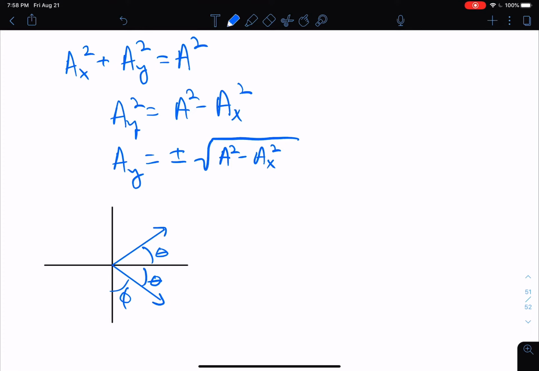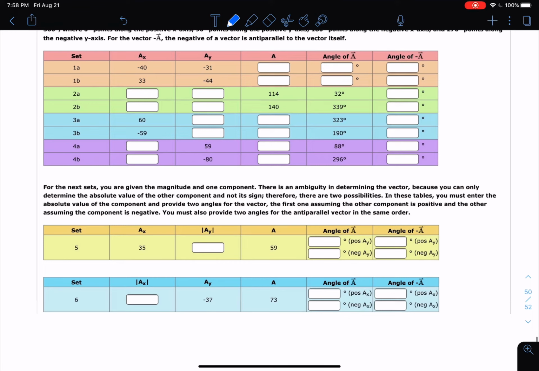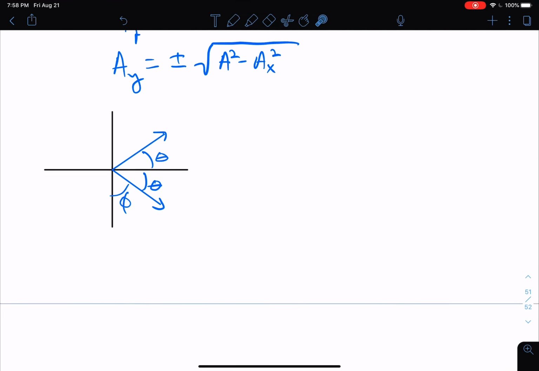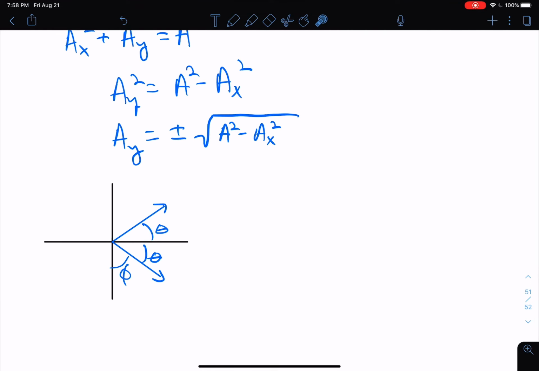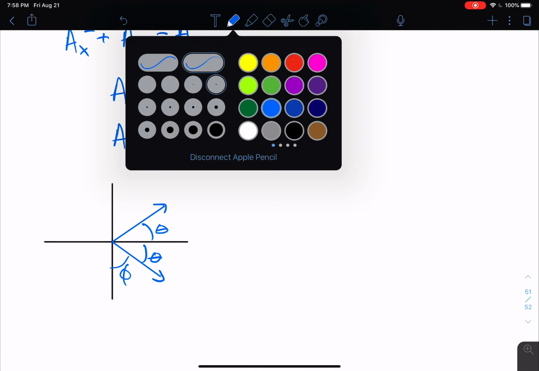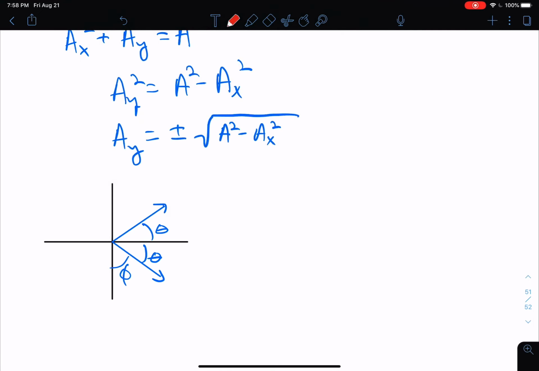Now, the other thing, though, is we also need the angle of negative a, for when it's a positive y component for a and when it's a negative y component for a. So in that case, just to draw these out, we've got two options. This is one of them. It's roughly correct.